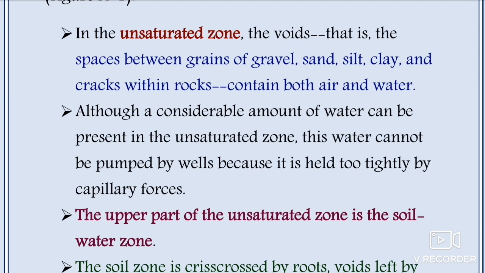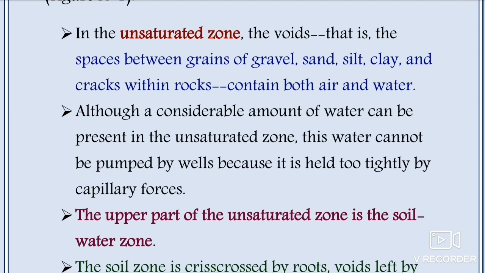If the water content is more, the air content will be less. This water cannot be pumped by wells because it is held too tightly by the capillary forces. We cannot pump that water easily.